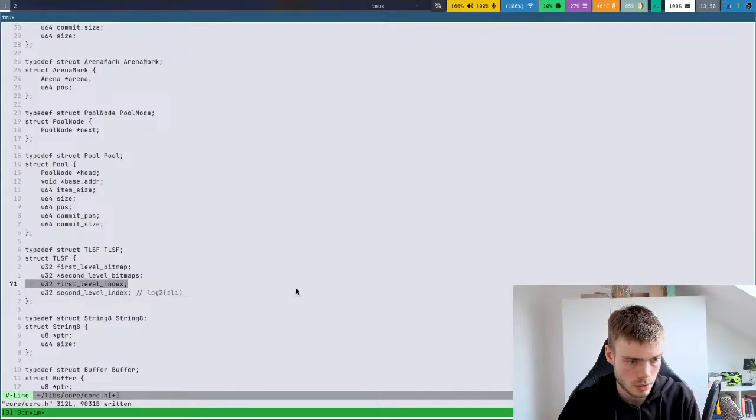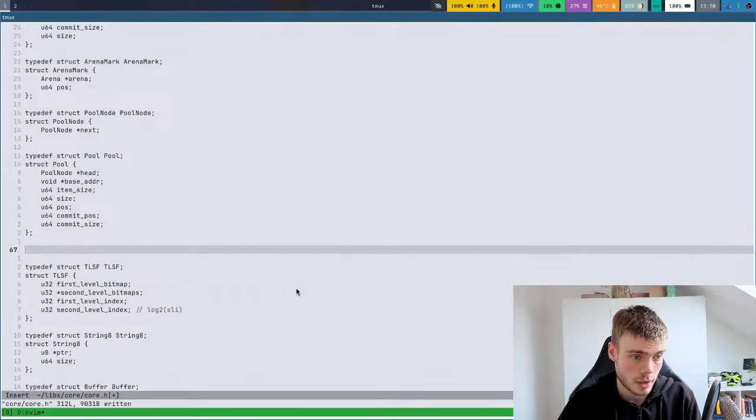And this is the direct. We have kind of like a minimum block size. This was 16.